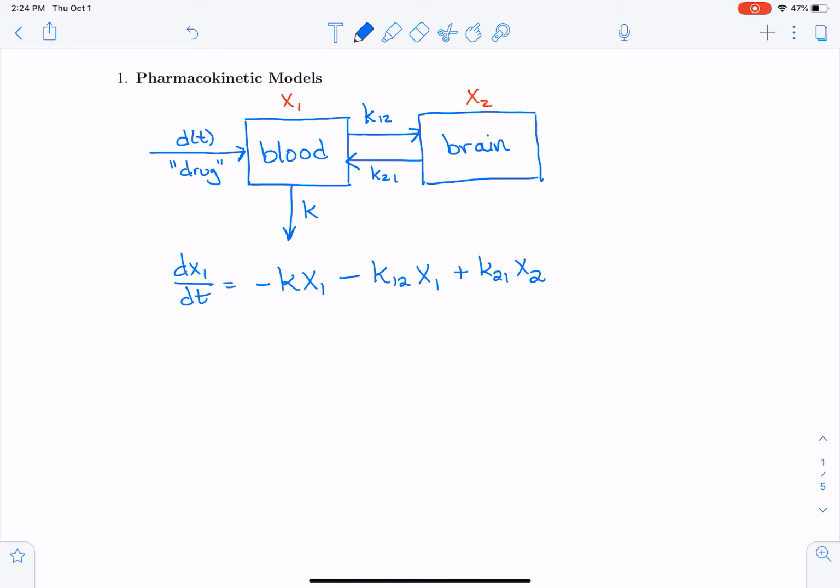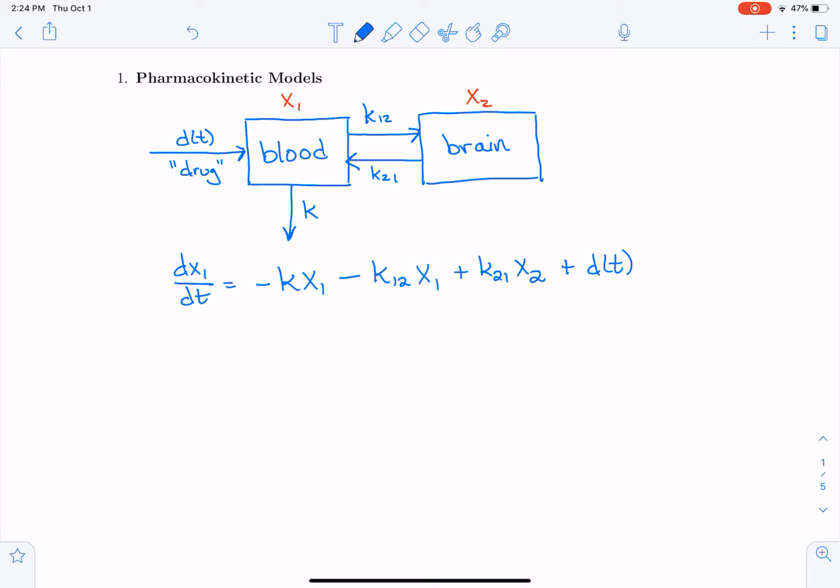And then finally, we have not taken into account that the drug is actually being introduced into the bloodstream from an outside source, like an IV or a pill, and that's going to be at a rate we'll call d of t.